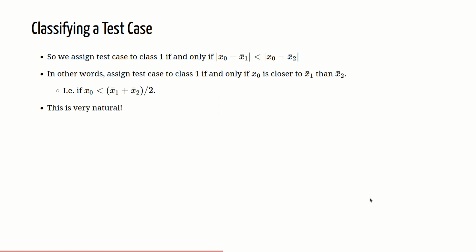And that's very natural, right? Now the maths maybe isn't very natural, but the idea is very natural. So we're going to assign to class 1 if the distance from the observed predictors to the center of the distribution is smaller than the distance for the other class.